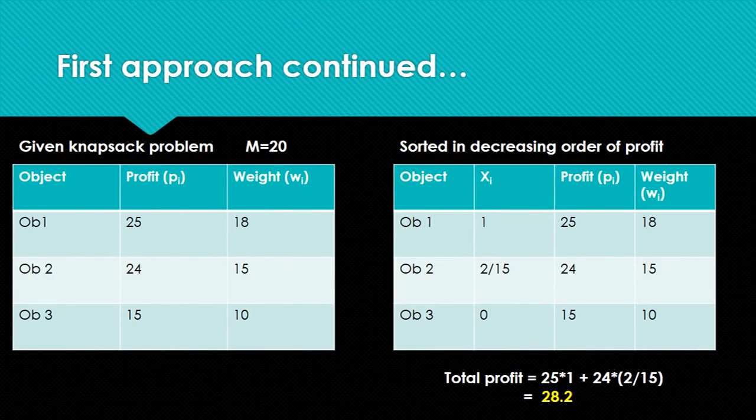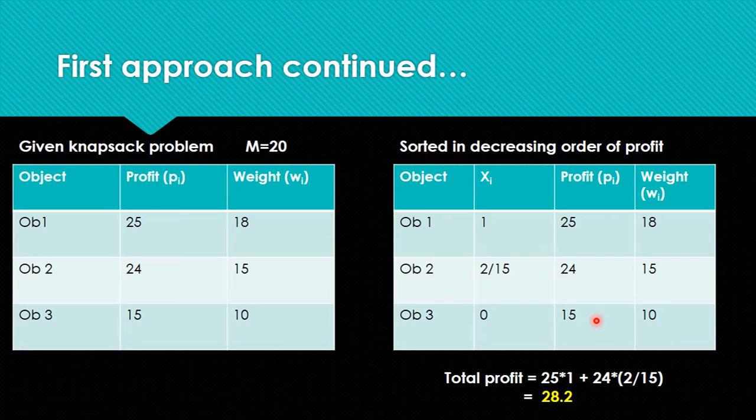So let's solve the given knapsack problem using the first approach. We are taking the objects in decreasing order of their profit. The table will be the same because they are already sorted in decreasing order of profit.